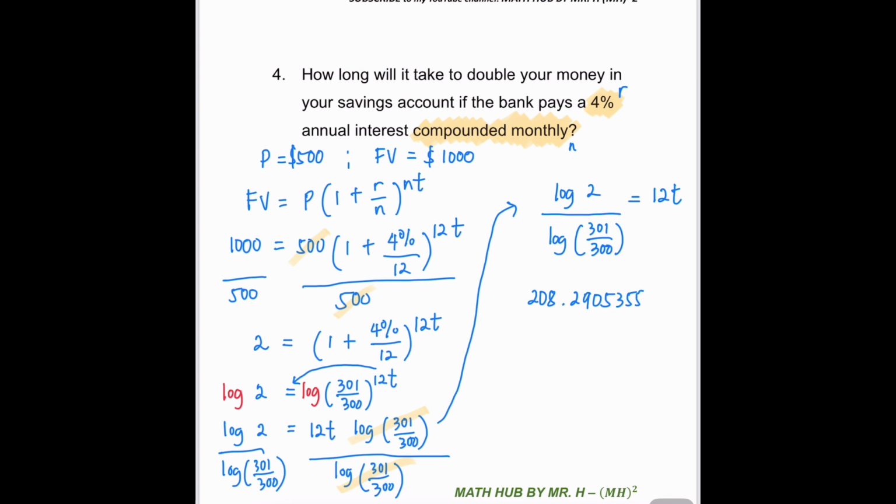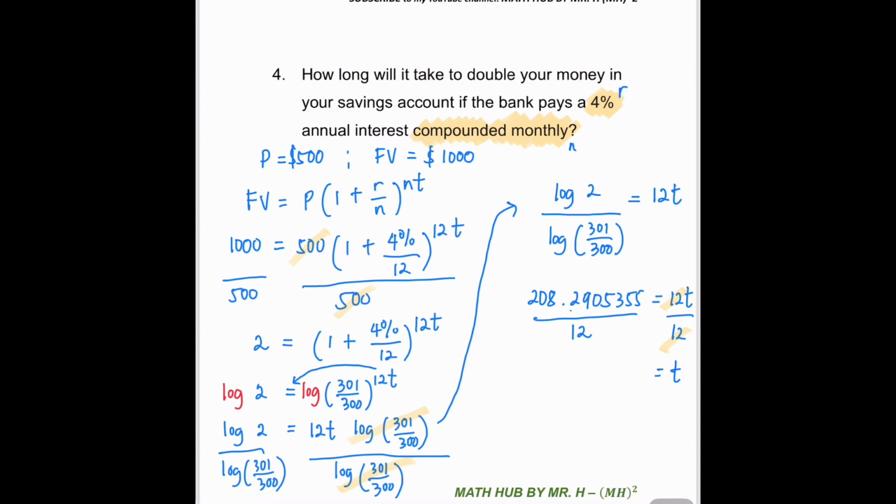208.2905355 equals 12t. And then from here, to be able to find the value of t, we need to divide both sides by 12. So 12 divided by 12 is 1, so it's 1t, or you just cancel it out.